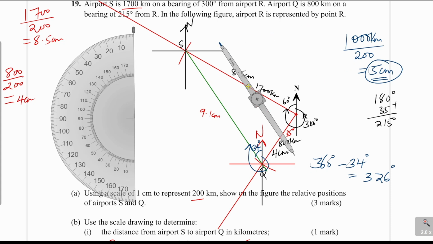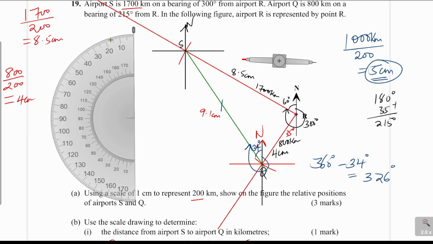So therefore, standing at R, we take a radius of 5 centimeters, and with that radius we mark an arc on this line SQ, because this aircraft was moving from S to Q. So that is the distance.